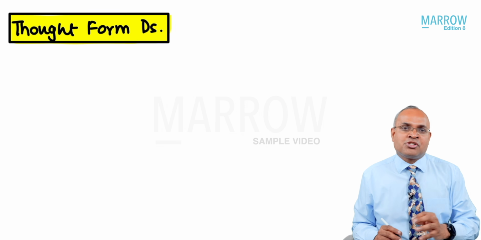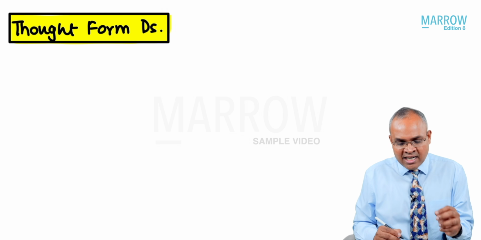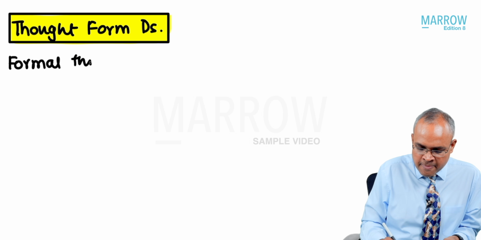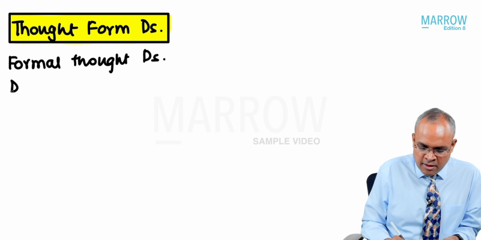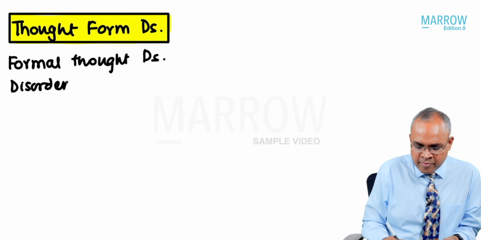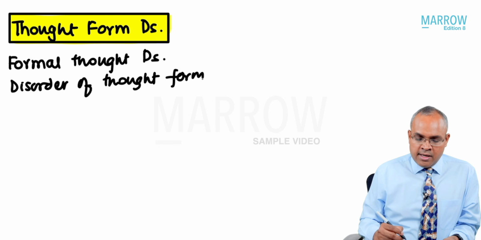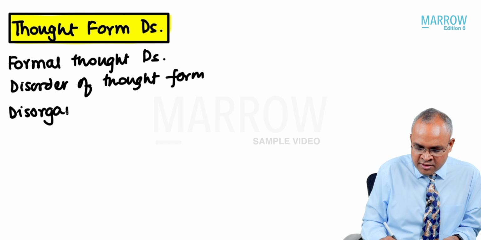Thought form disorder. There are other names for thought form disorder. Let's first understand that. What are the other names? It is also called formal thought disorder, disorder of thought form. It is also called disorganized thinking.